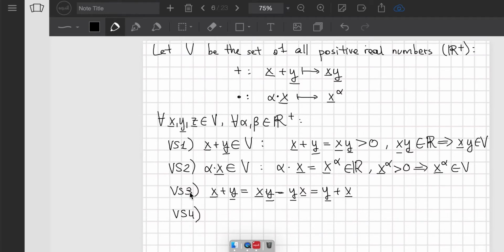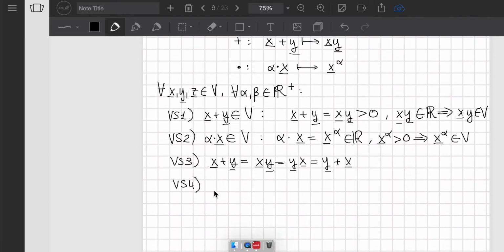Now VS4 instead is associativity. So if we take x plus y and then add z, that is equal to xy plus z, and again using our addition, we get that this is equal to x times y times z.